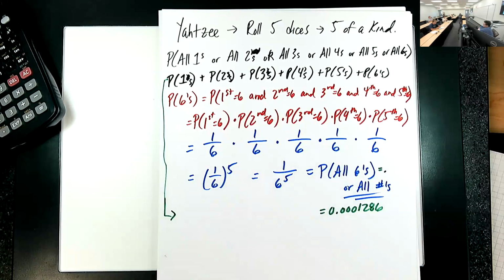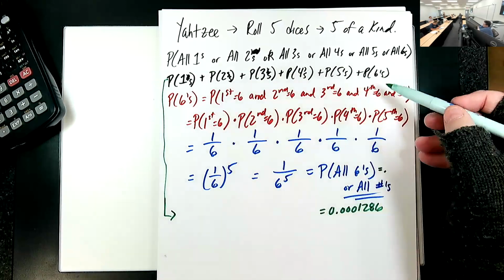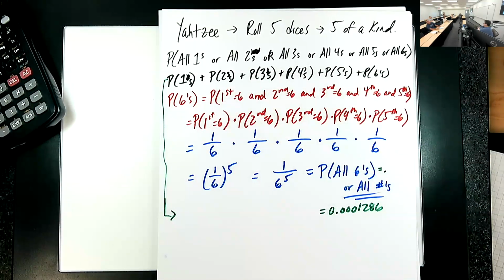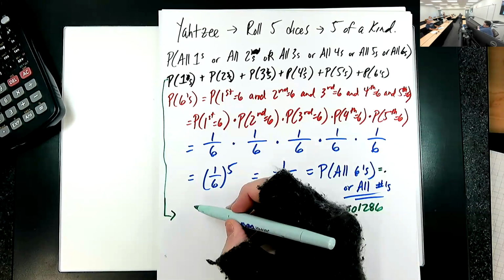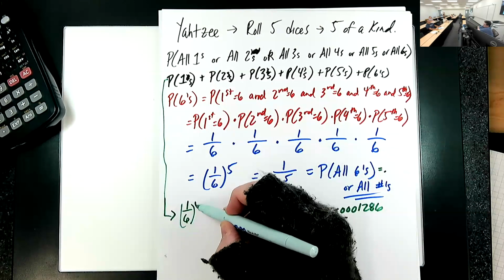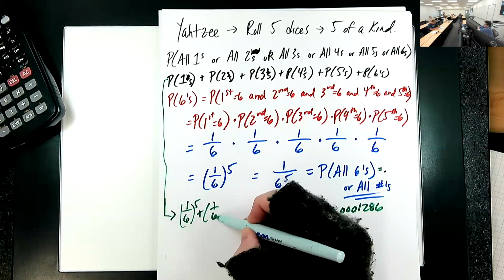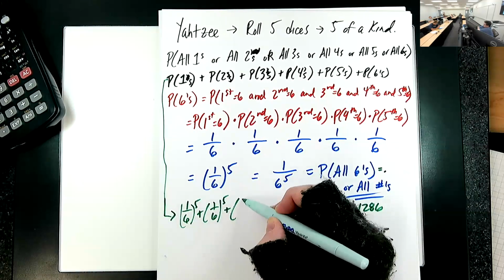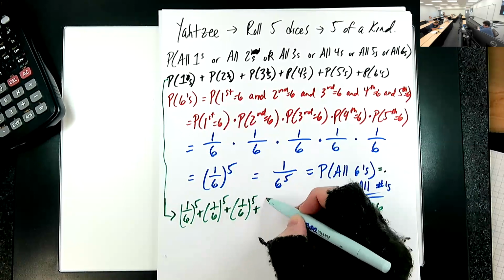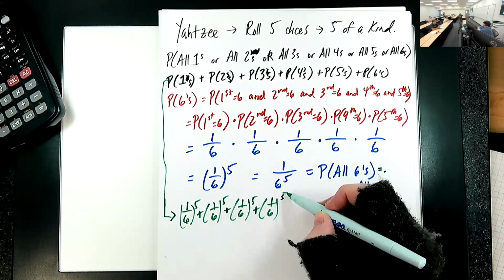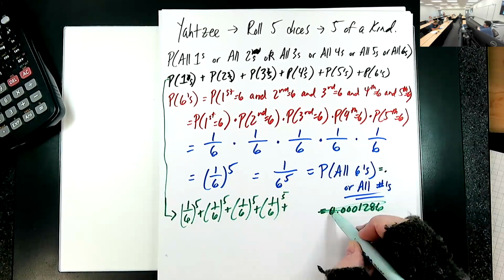So we're going to do this up here, but each one of these is 1 over 6 to the 5th. I'm not going to rewrite all that down. Just know that we got 1 over 6 to the 5th 6 times. Let's get rid of that equal sign right here.